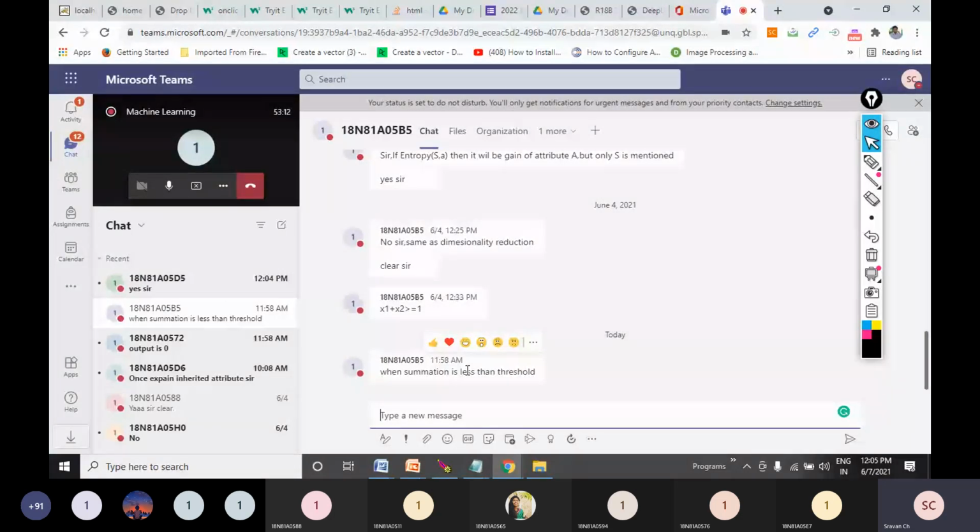Suppose you say, sir, I will buy a mobile phone if the overall rating of the product is 3.5. That was your guess, but when you open the website and search for the mobile phone, let us say Samsung Galaxy G7, the rating says it is 3.4.